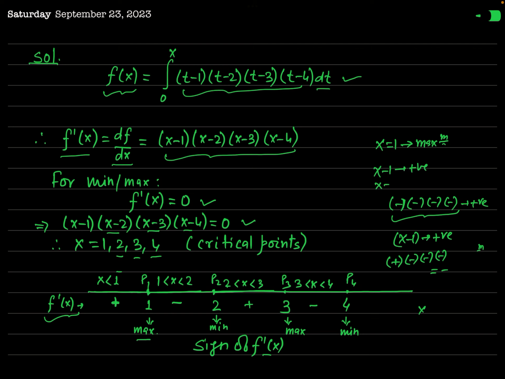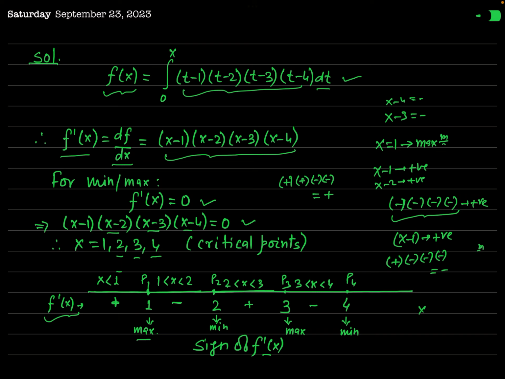X minus 2 will also be positive. And x minus 3 will be negative. X minus 4 will also be negative. So what will be the product? The product will be plus into plus into minus into minus, and you can see this will be plus.